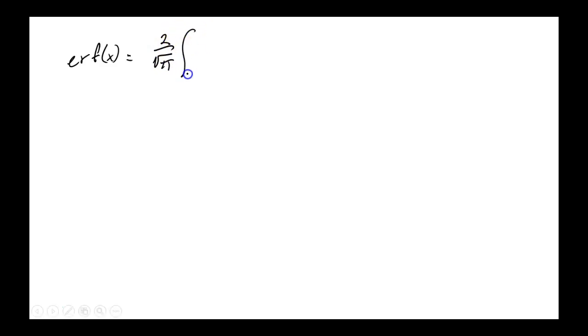But here is the part that's even worse. You have an integral that defines this function, 0 to x, e to the minus, and it doesn't matter what you call this. Most of the time they do call it t squared dt, but that's just a dummy variable.